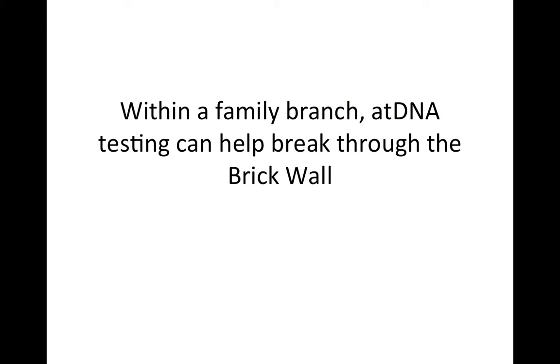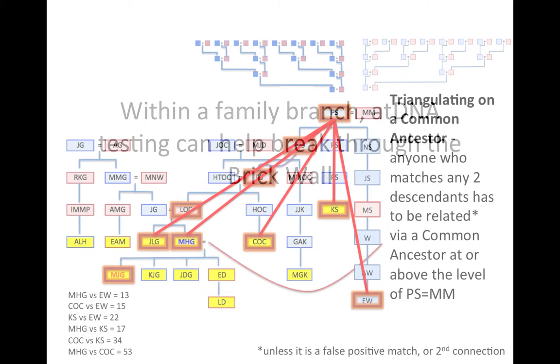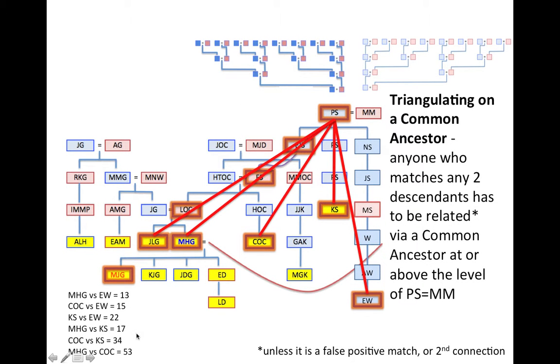Now, I've written to all, there's about 90 people, when you take into account a degree of duplication among these matches, that I've written to who are matches at or above the level of Patrick Spierin and Mary Morgan, and most of them have no idea how they are related to these two people, but one person has written back and said, actually, I have a Morgan in my family tree, and it is just about the right timing to be a sibling of Mary Morgan. So maybe we're related to these people by Mary Morgan's parents, and that is something that I'm currently actively investigating.